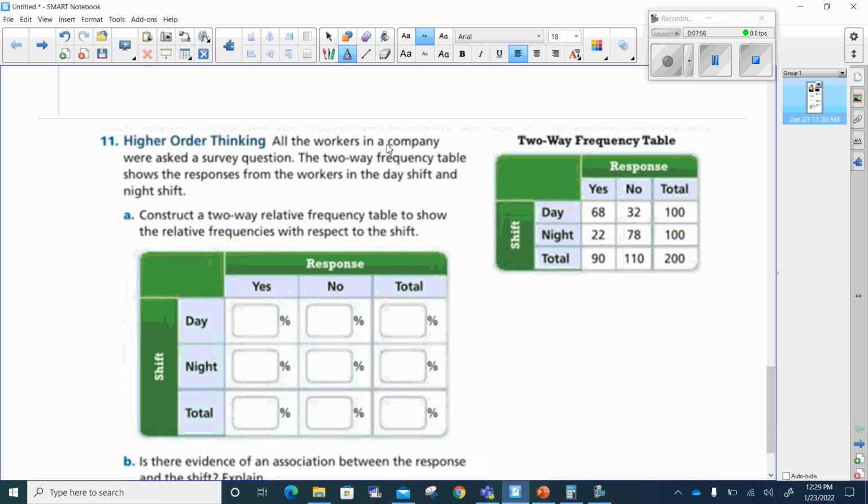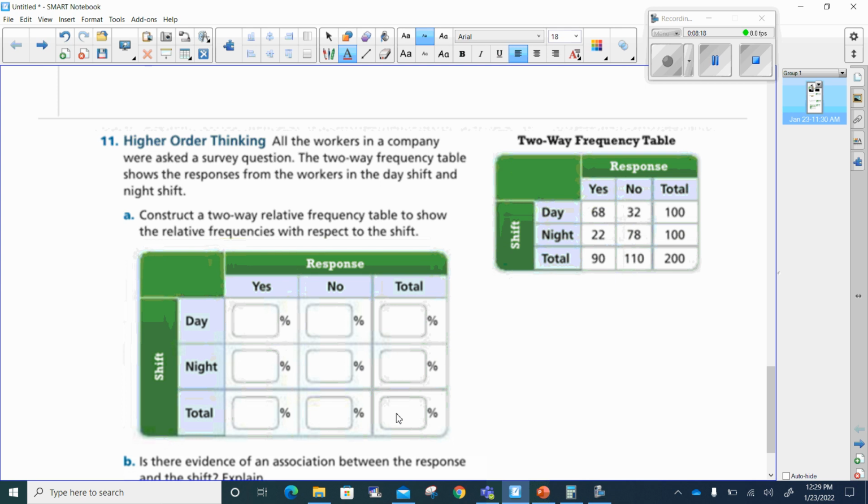It says construct a two-way frequency table to show the relative frequencies with respect to the shift. Right now, they're looking for the percents again. So we have to take everything relative to 100%.